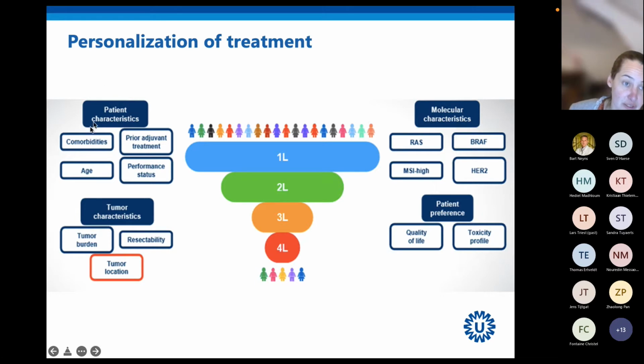You also have the patient characteristics, so the age, the comorbidities, prior treatments, performance status, but also the extent of the tumor burden, tumor sidedness, whether you can achieve a resection of metastasis with downstaging, or whether it's really a palliative treatment, and of course the patient preference, quality of life versus toxicity profiles, and that all combined determines your treatment strategy for each individual patient.